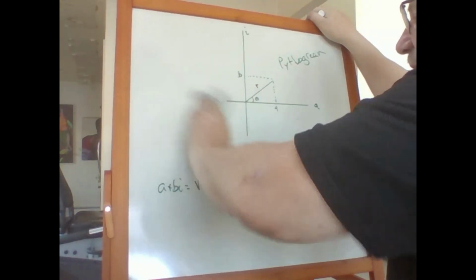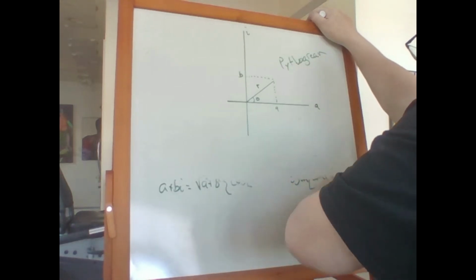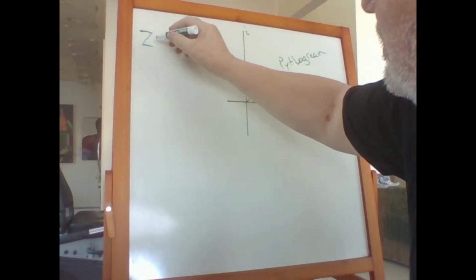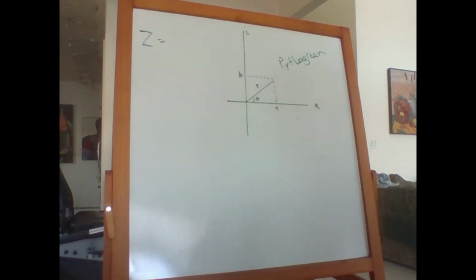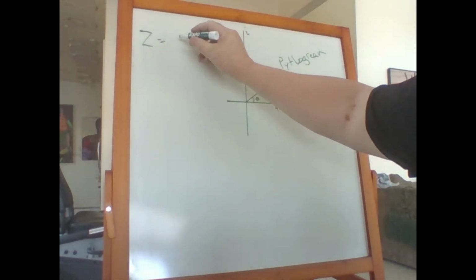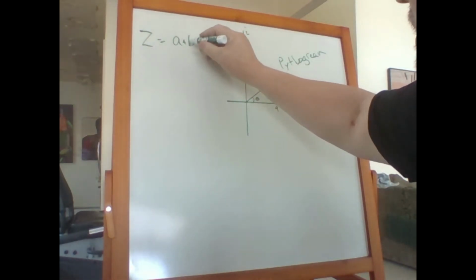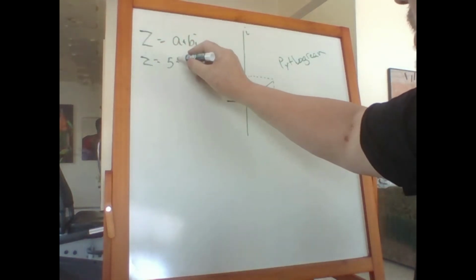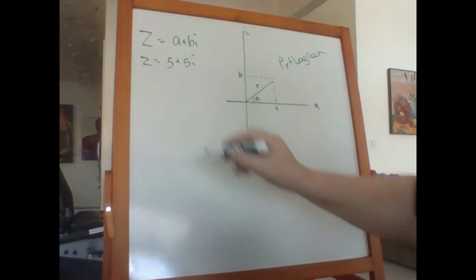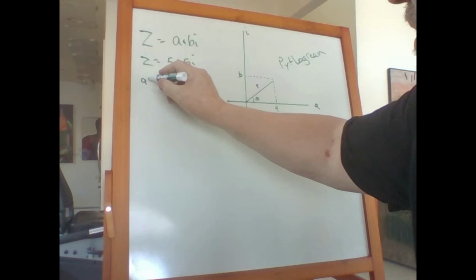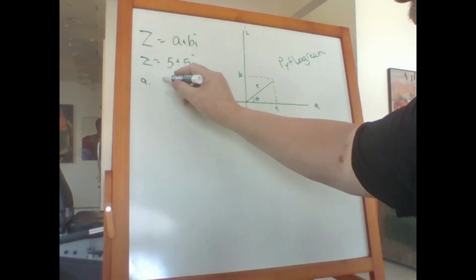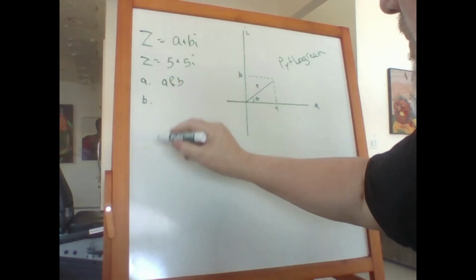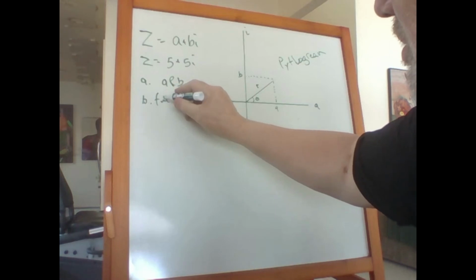Let's say we have Z. Z is usually the way we represent complex numbers, A plus BI. So what if we have Z equals 5 plus 5I? And we're given: A, find A and B. B, find the modulus.